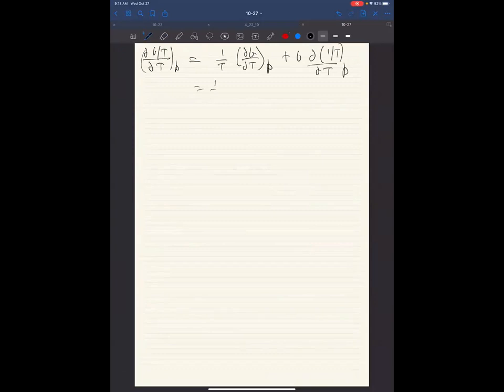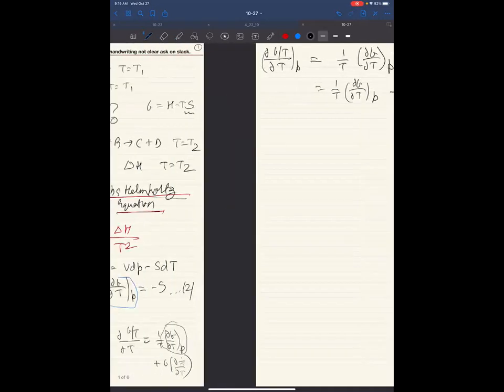Okay, so this is 1 over T partial G by partial T at constant P. What can we say about the second term? Can we simplify it? Yeah, it is minus G divided by T squared, right? There is just one variable, so the derivative of 1 over X is minus 1 over X squared.